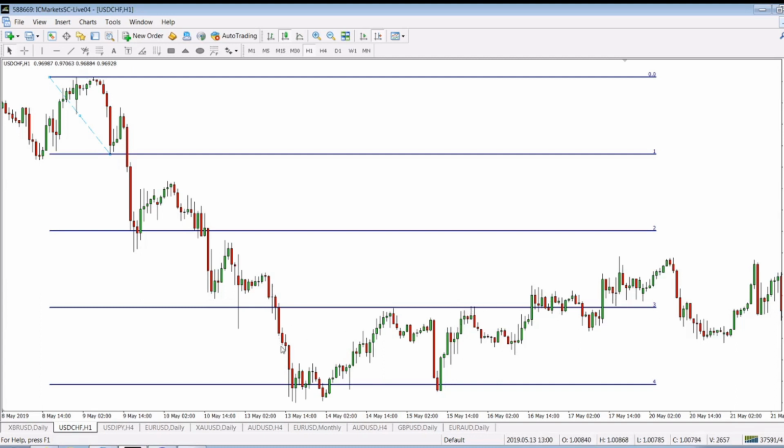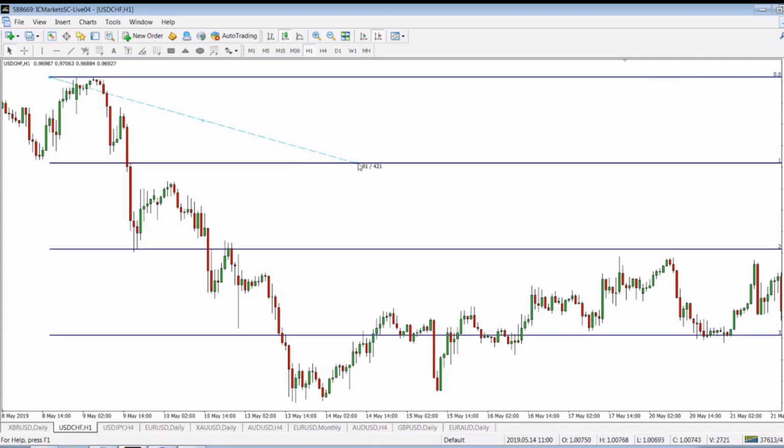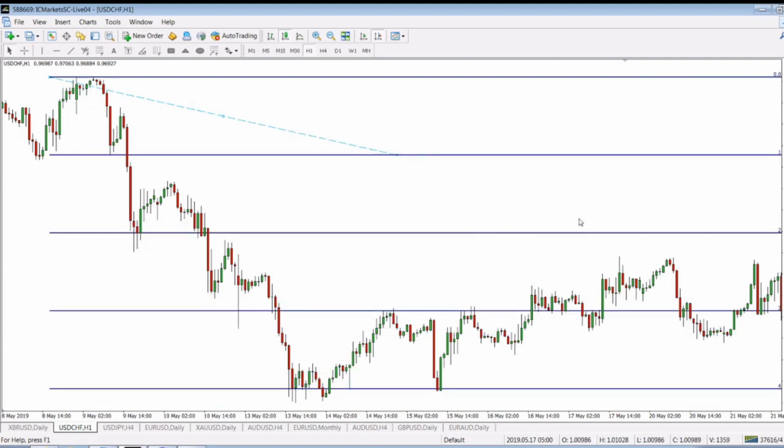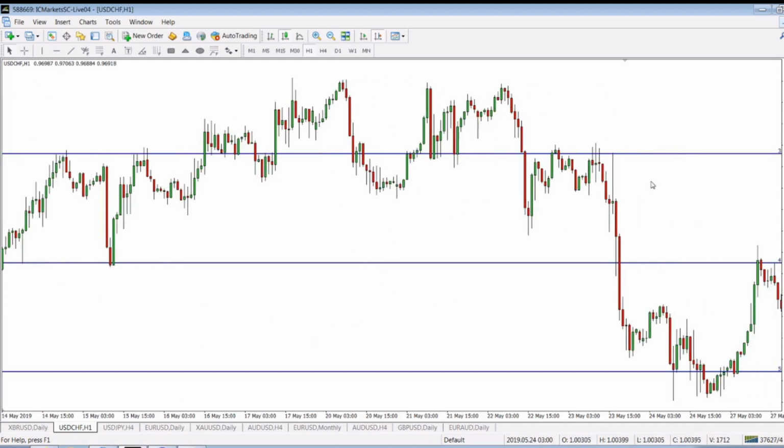After it was broken, it has become resistance. Then it was ranging around the resistance and started going further. Let's make it longer. I'll show you what happens, how nice those lines are. Look over here, how some of them are respected.